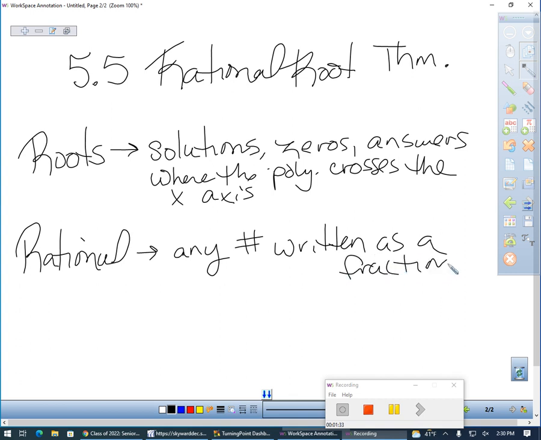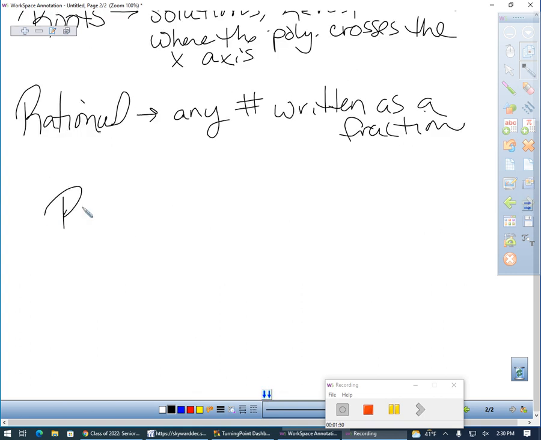All right, so the first theorem we're going to work with is finding all your solutions that are rational numbers, okay? So the rational root theorem, that's what we're starting with. Rational roots theorem works like this.